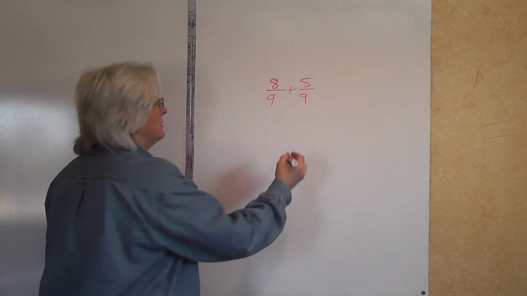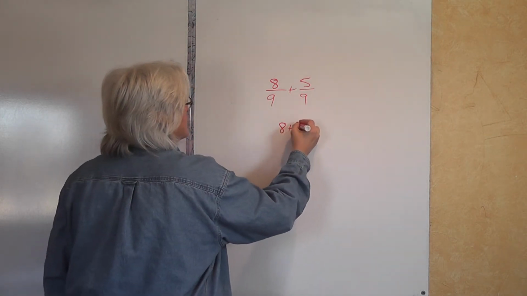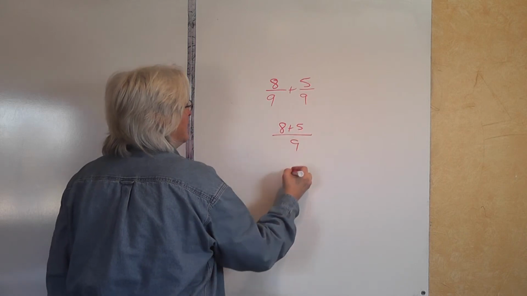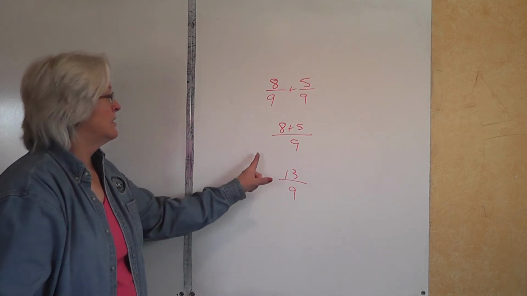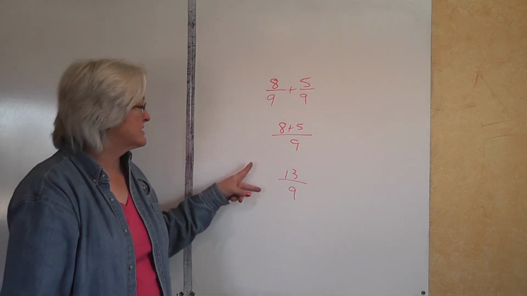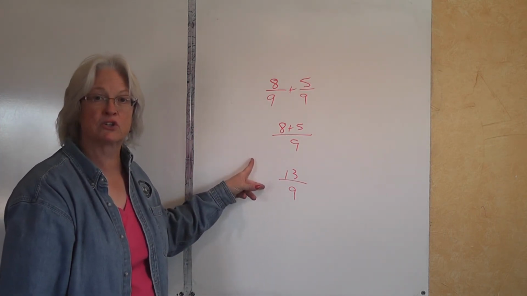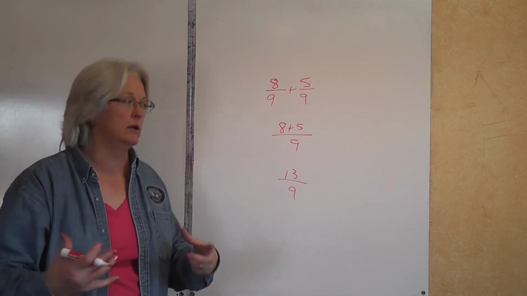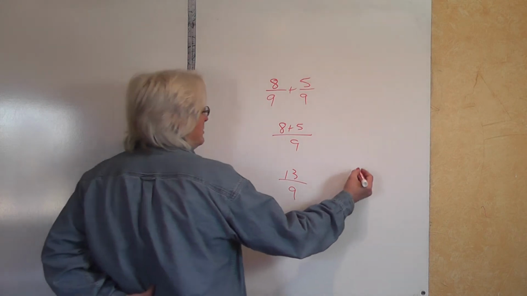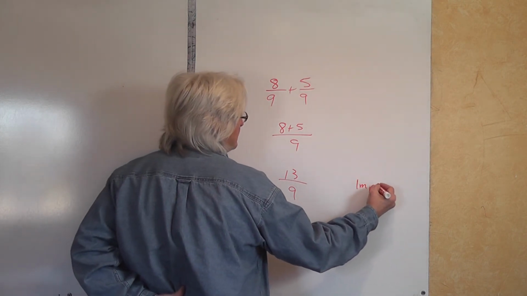Denominators are the same. Add the numerators. 8 plus 5 over 9. That's 13/9. 13 is prime, so this is actually an improper fraction reduced to lowest terms. But let's take an improper fraction reduced to lowest terms down to a mixed number.